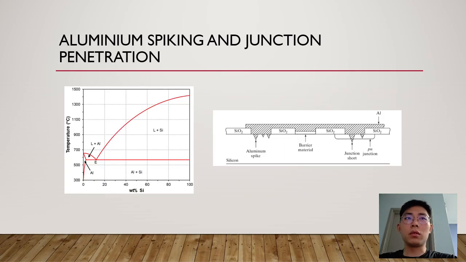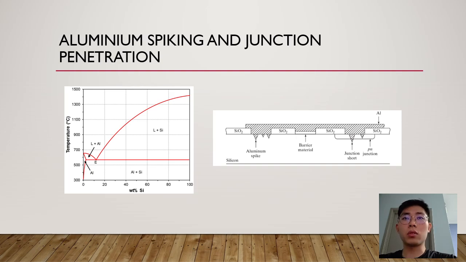The next problem is aluminum spiking and junction penetration. As the diagram below shows, the silicon-aluminum eutectic point occurs at a temperature of 577 Celsius, and the contact annealing temperature is between 450 and 500 Celsius.